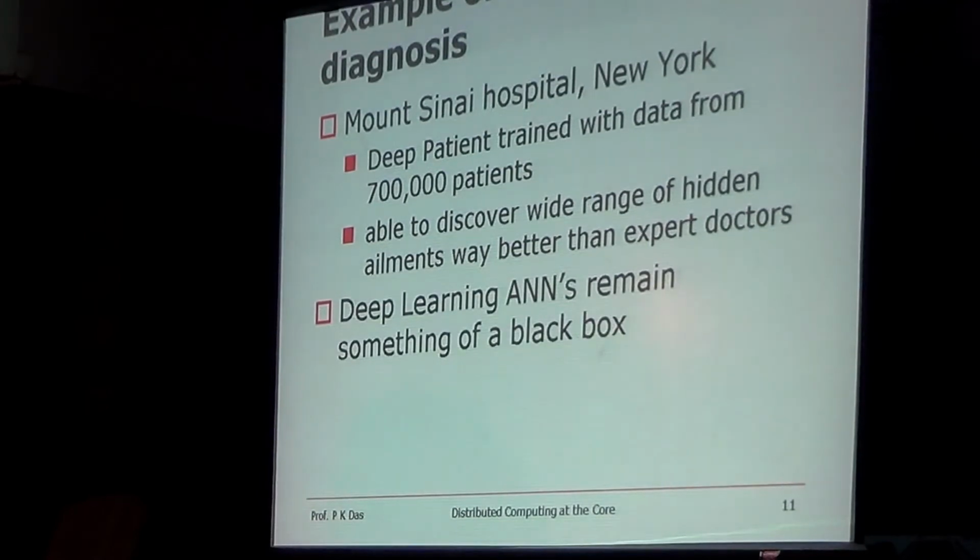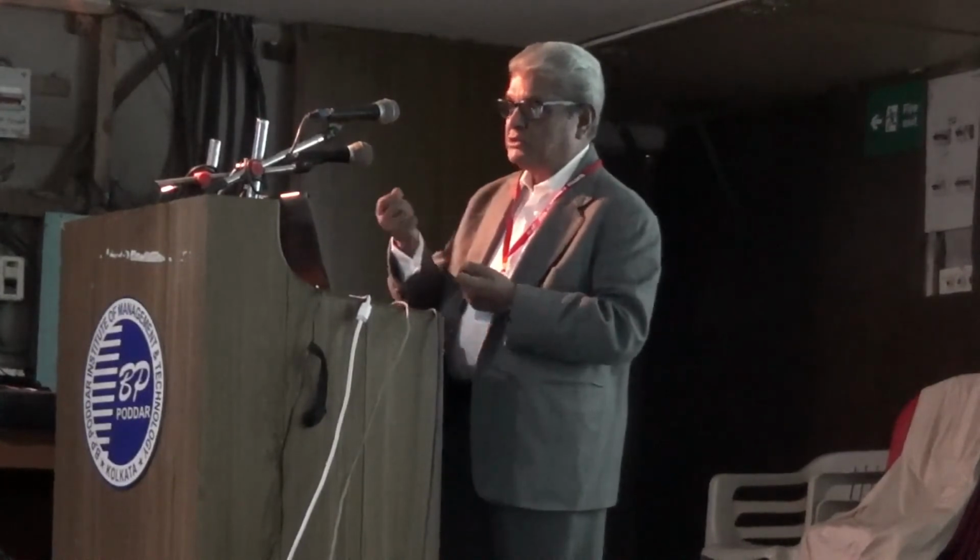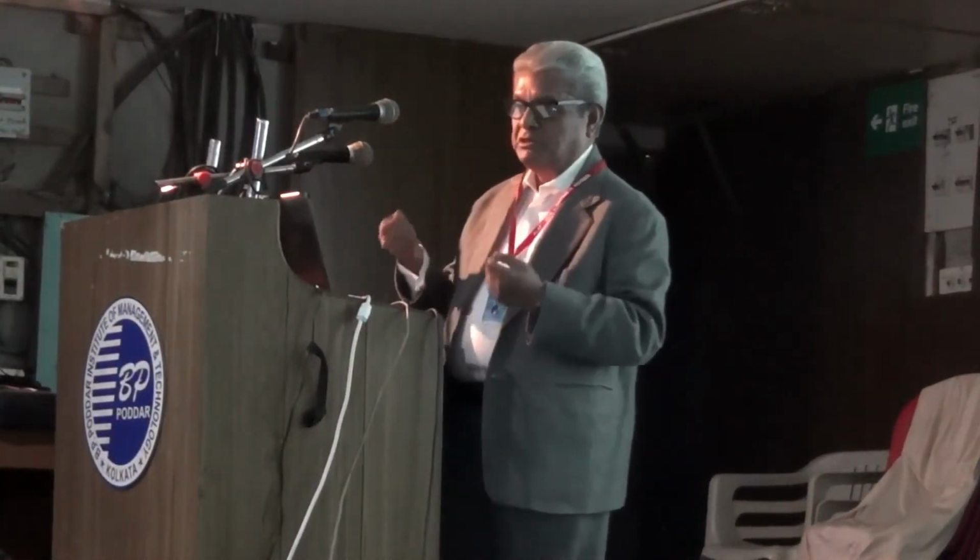The deep learning ANNs remain something like a black box, because that self-learning algorithm is such that it is learning just like the human beings do. Okay, we're trying to make those neurons just like the neurons in our brain.